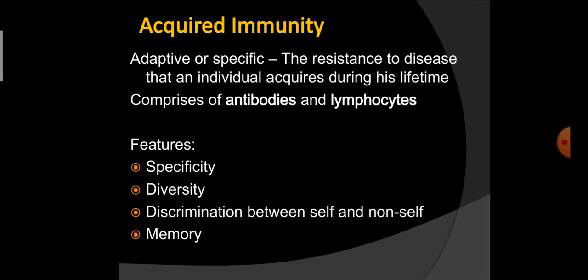If the same antigen enters the same body again, the immune system will recognize it. So the antibodies that were produced in the previous encounter will act during the second encounter. That is what is meant by memory.